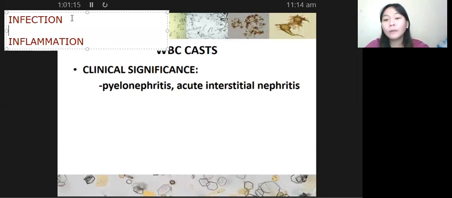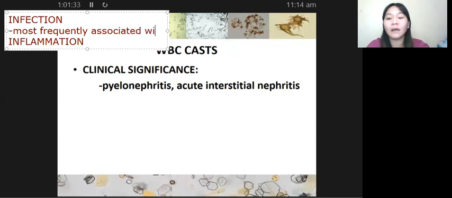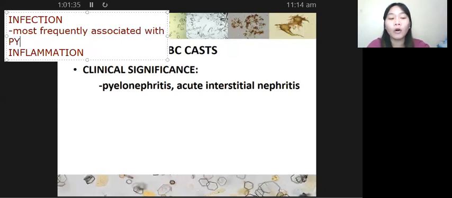Okay, so your WBC casts, when we talk about infection, in general, the presence of your WBC cast is most frequently associated with pyelonephritis.